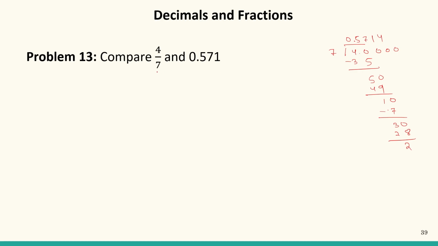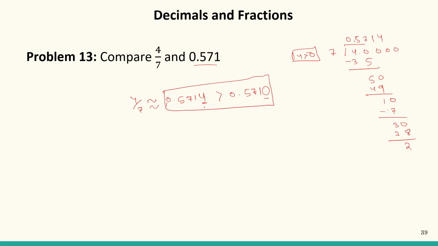So here what we have is 0.5714. So 4 by 7 is equivalent to 0.5714, and the number we have down here is 0.571. We can also write it like this. Since 4 is greater than 0, clearly, that is why this inequality holds here.